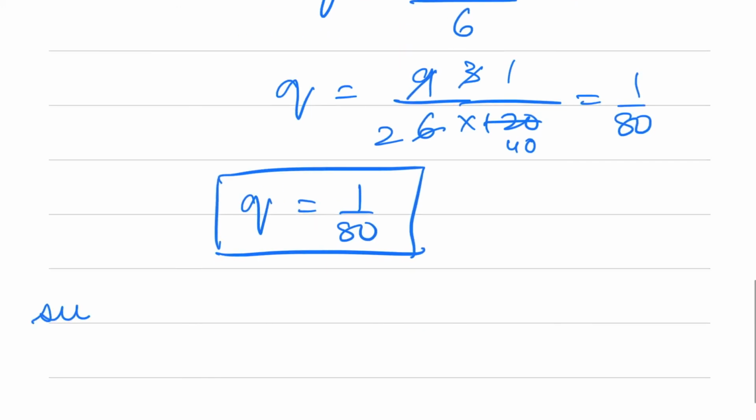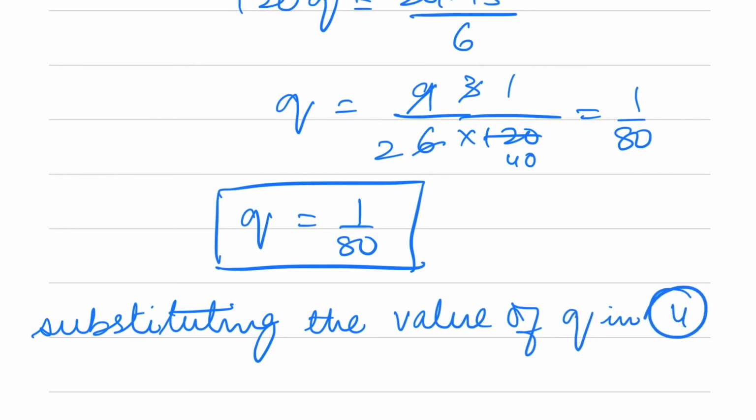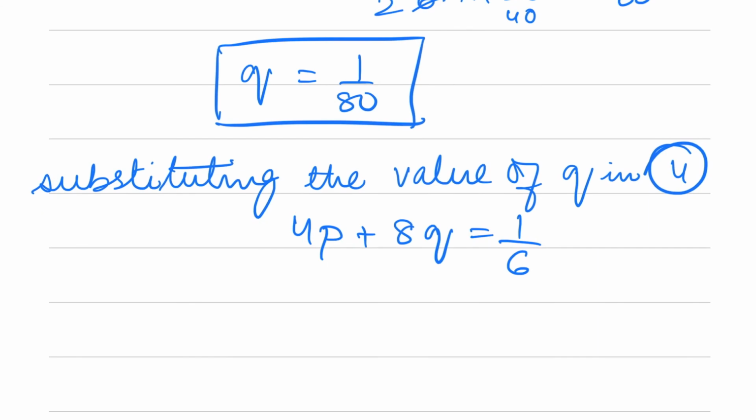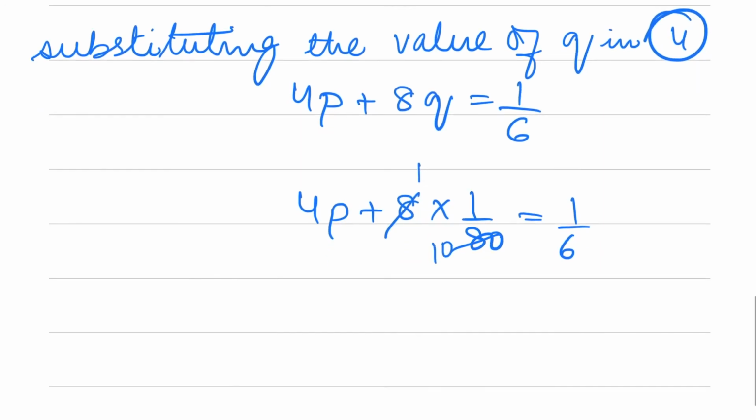Now substituting the value of q in fourth equation. So fourth equation is 4p plus 8q is equal to 1 by 6. So 4p plus 8 into 1 by 80 is equal to 1 by 6. So this is 1 by 10.